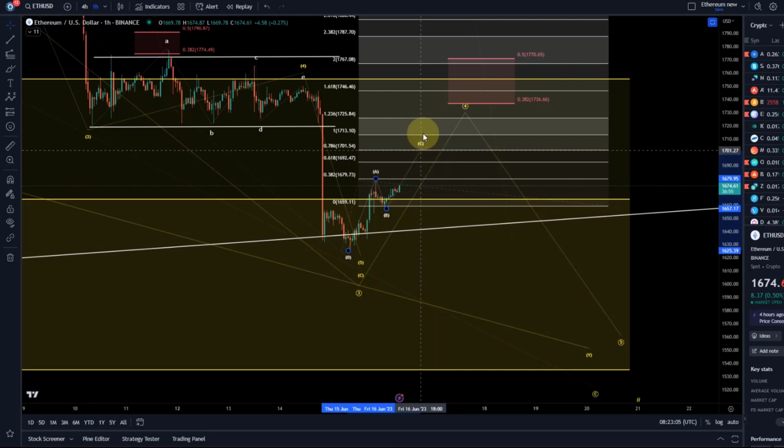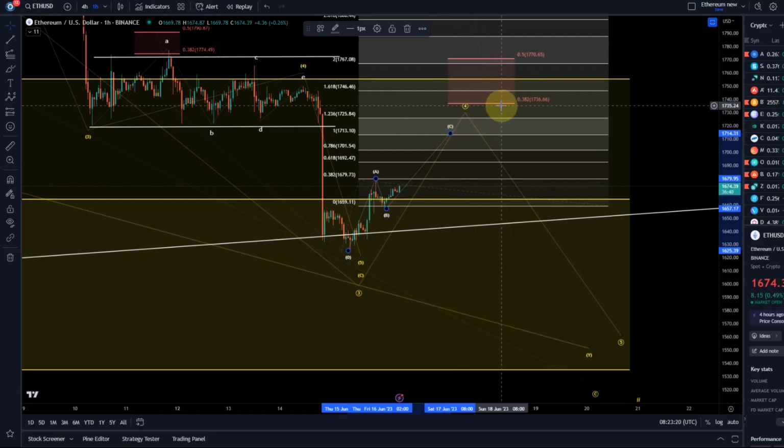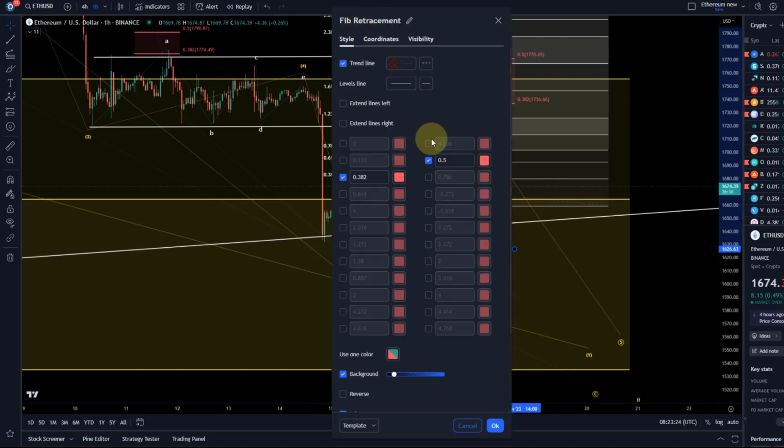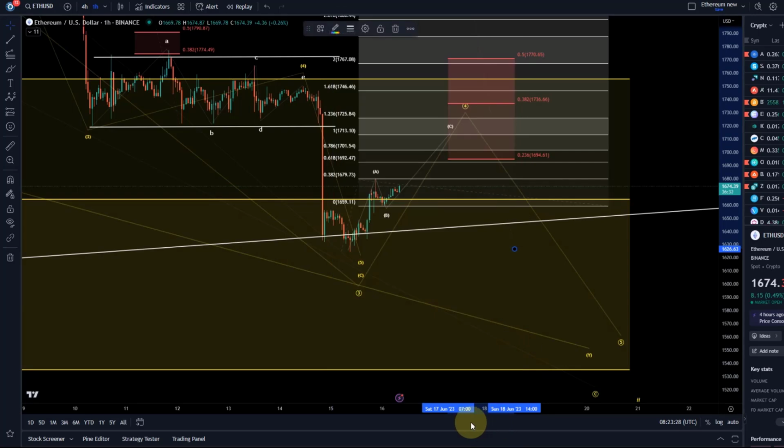The next one, which is relevant, is the 1-to-1 ratio, the 100% extension at $1,713 US, plus minus $1, depending on your exchange. That's the 100% extension, a very, very common target. It would be below resistance, but then again, this is just standard resistance. I normally also add the 23.6 Fib level for the 4th wave, so that would be within it.